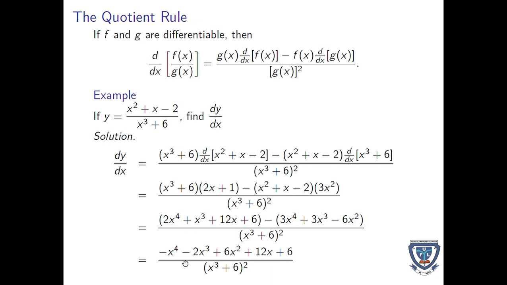At the end, you're going to have minus x raised to power 4 minus 2x raised to power 3 plus 6x squared plus 12x plus 6, all over x raised to power 3 plus 6, all squared. You are going to get this if you apply this principle very carefully.